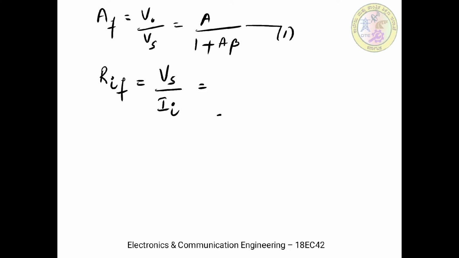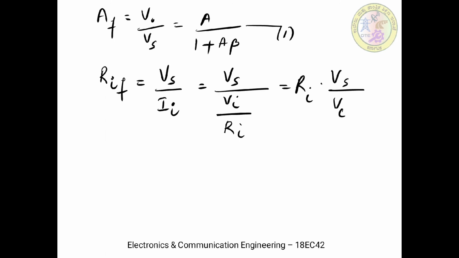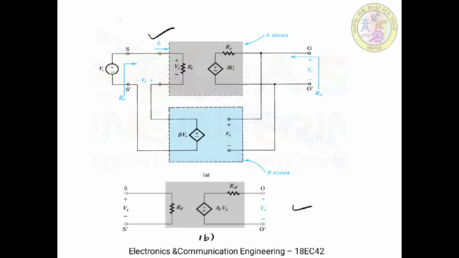So this in turn can be written as Vs divided by Vi divided by Ri, or this is nothing but Ri into Vs by Vi. See where these Vs and Vi are present in the circuit.